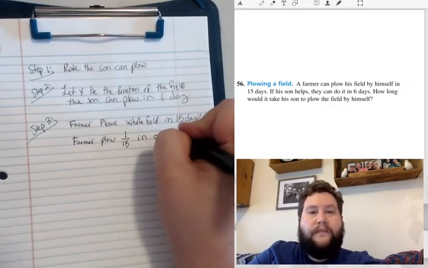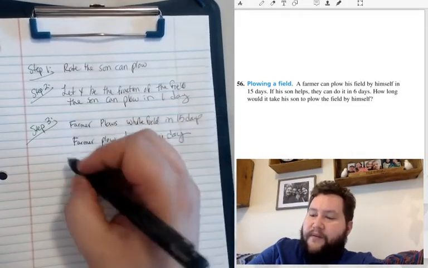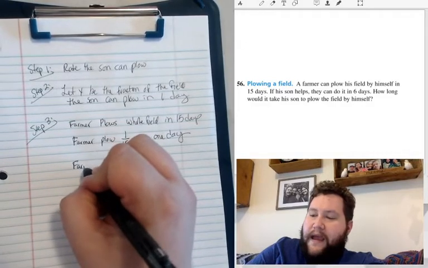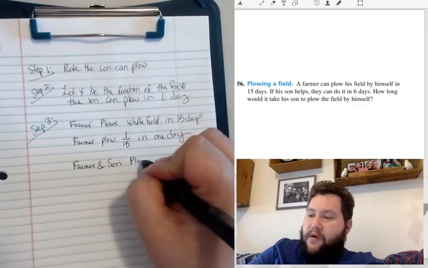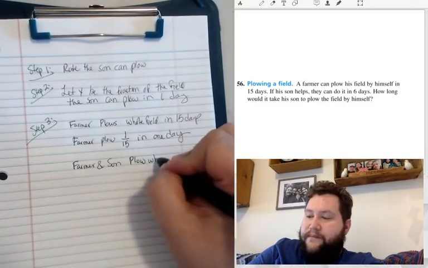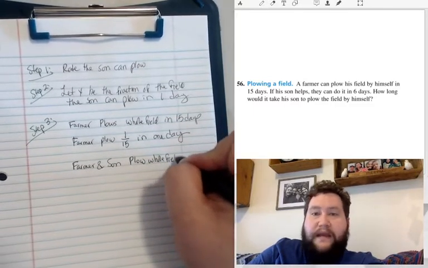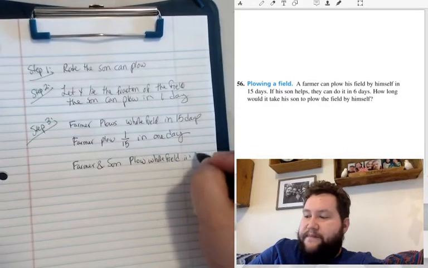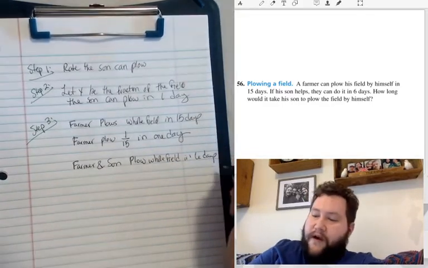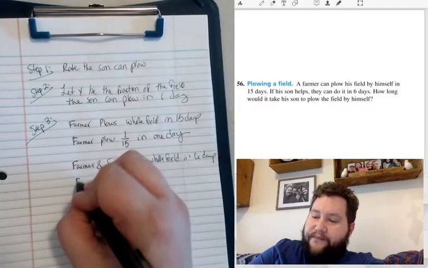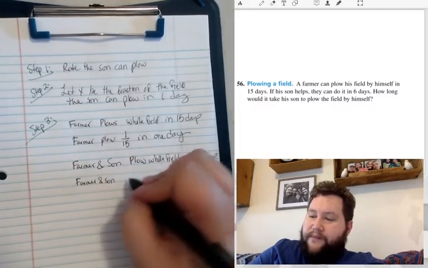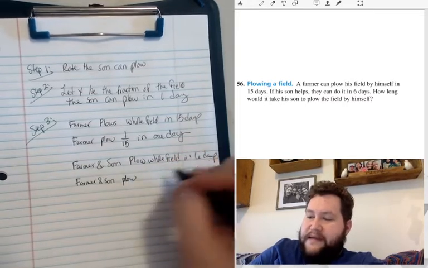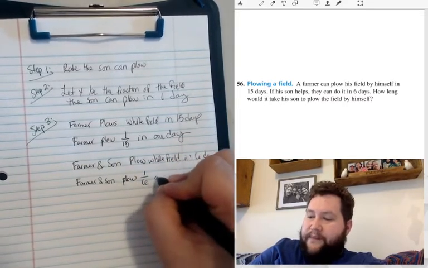We know that the farmer and son plow the whole field in 6 days. Or the farmer and son together plow 1/6 in 1 day.